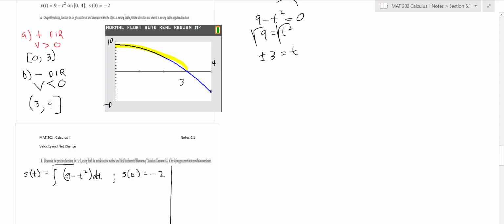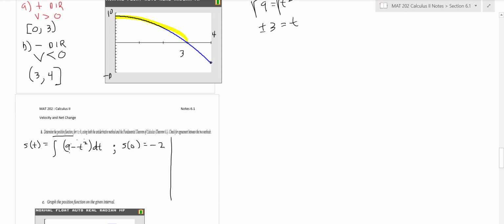Okay, so let's do this. This is an indefinite integral. So the antiderivative would be 9t minus t to the third over 3 plus c. Okay, so that's what S of t is, but this initial condition allows us to find c.